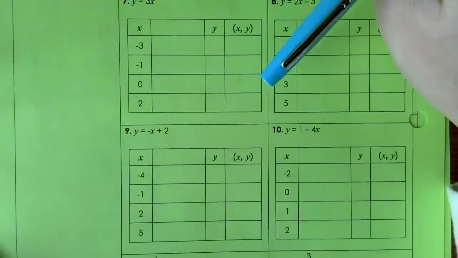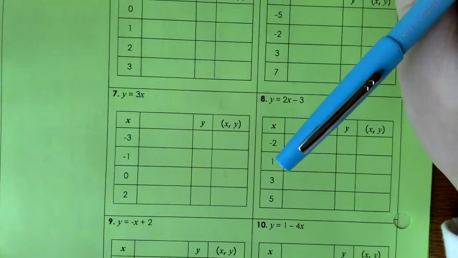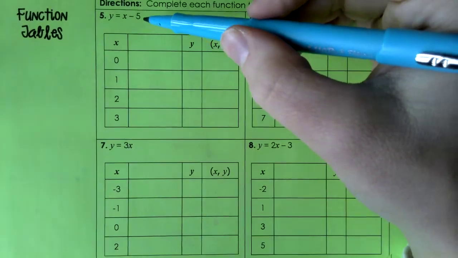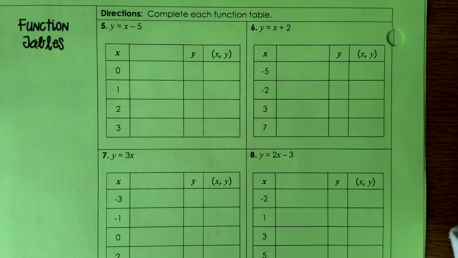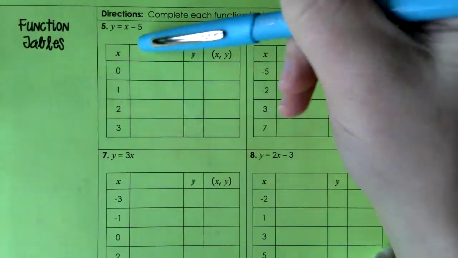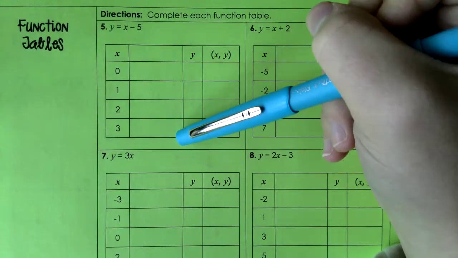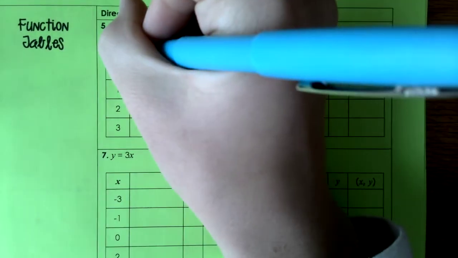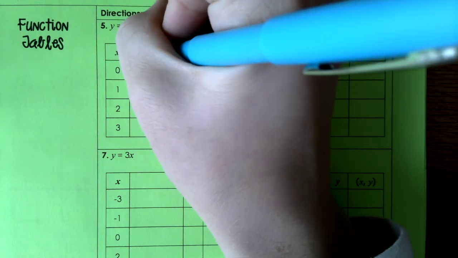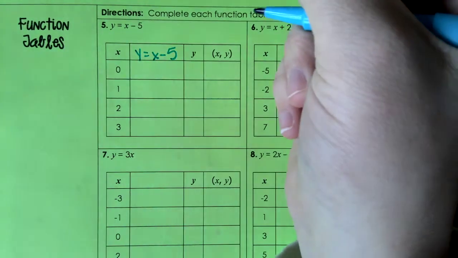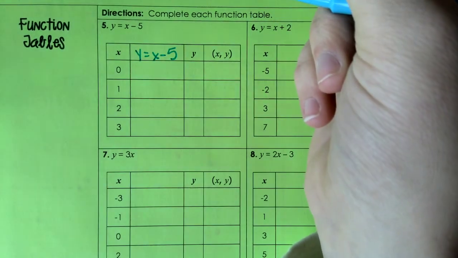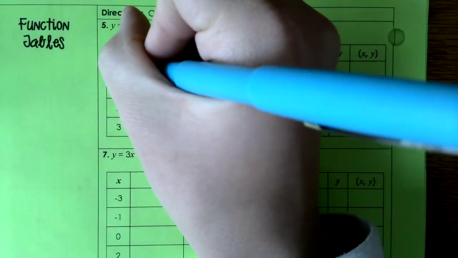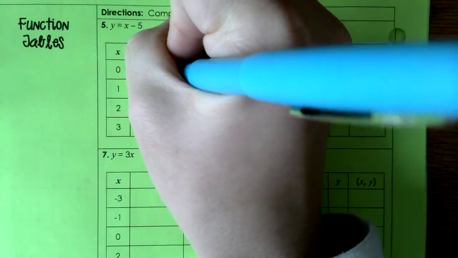Okay, so it says function tables. How does this work? Well, we have our function here, y equals x minus 5. I'm going to do the process, write my y value, and it's going to give me some ordered pairs. So I'm going to take 0 minus 5.